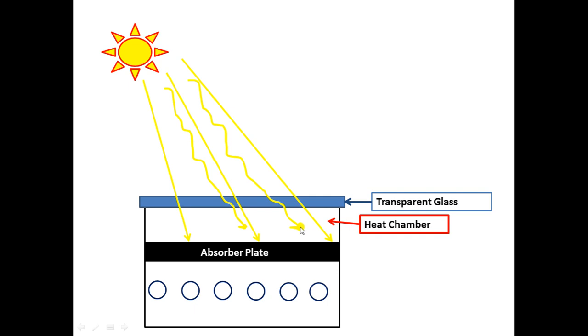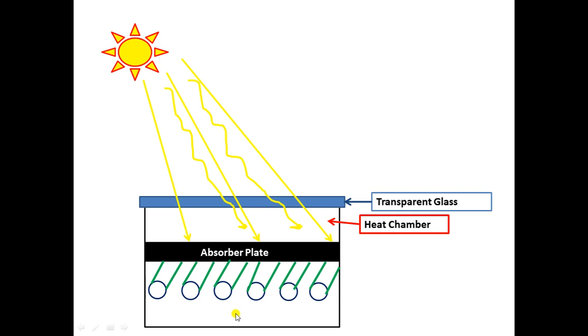There are tubes attached to the absorber plate, and inside these tubes there is liquid, generally water. These tubes are insulated from each other by an insulator which can be glass wool. The main function of the insulation is to maintain the temperature around the tubes, preventing heat loss either from the sides or from the surface of the collector.